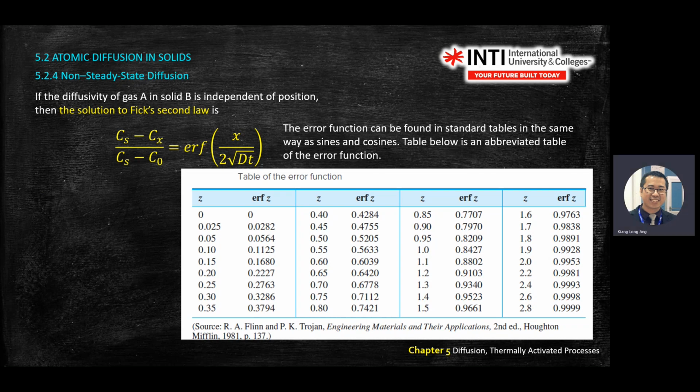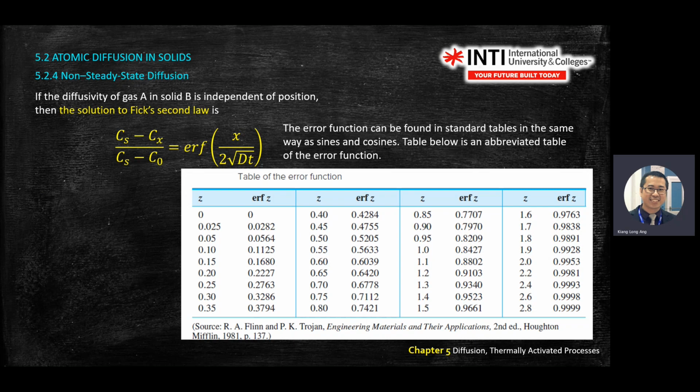So you have the Z, you have the ERF Z. What we do is either give you Z and you find the ERF Z, or the other way around.